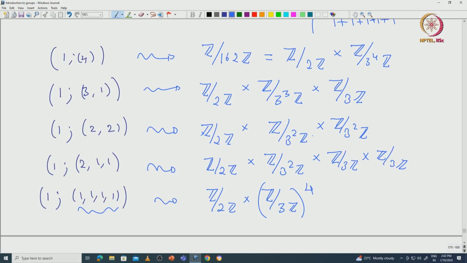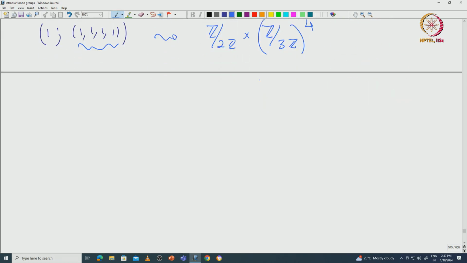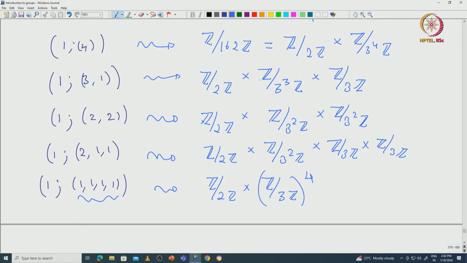Now, as we observed, we can rewrite a given finite abelian group as a product of cyclic groups satisfying some very specific property. So what is it? Let us see in this example what they are. In the first example it is going to be just 162.